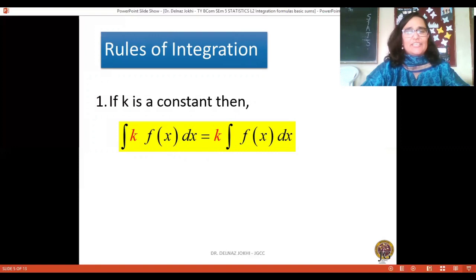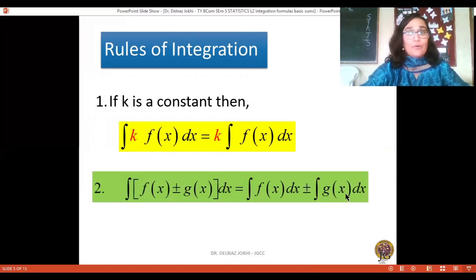Don't worry, I'll be taking a few sums in 5 minutes so that you understand what exactly this rule tries to say. Rule number 2, very important, generally the first step of any sum. Look at your screen, the green color highlight.